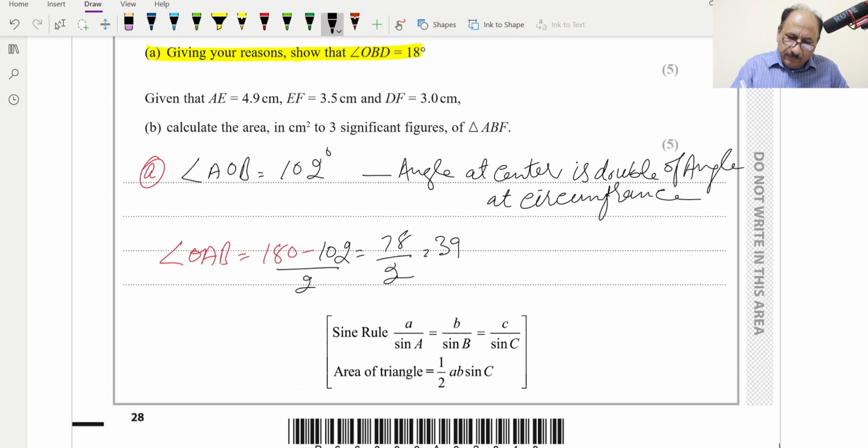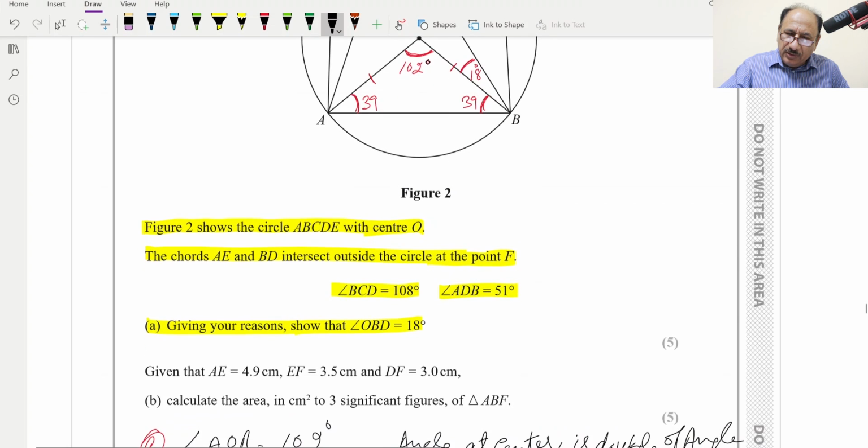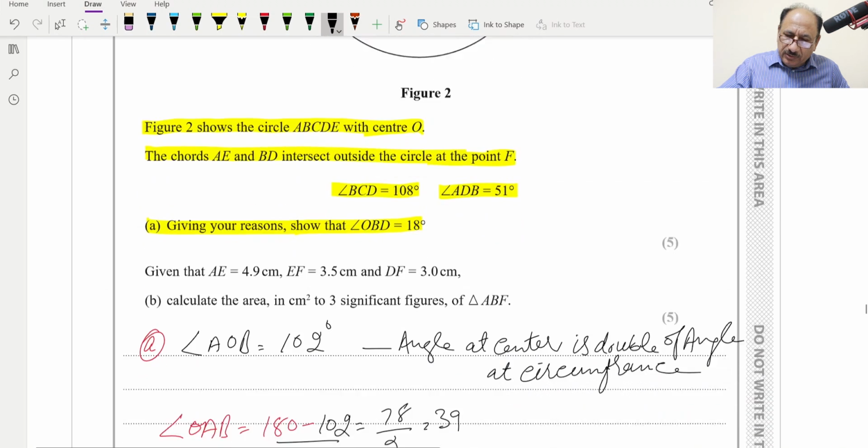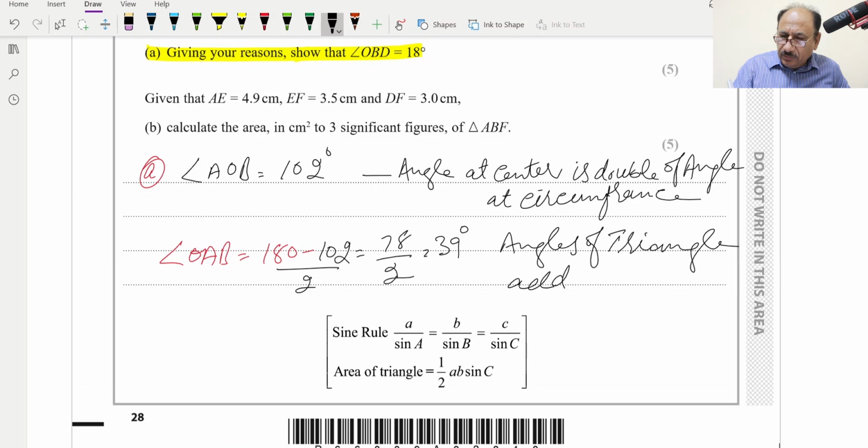The reason will be: angles of an isosceles triangle add up to 180 degrees. Angles of a triangle add up to 180 degrees.